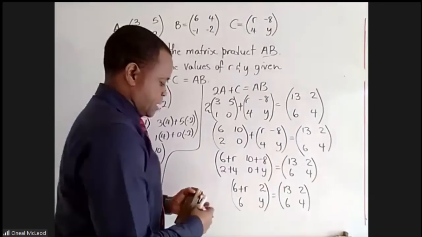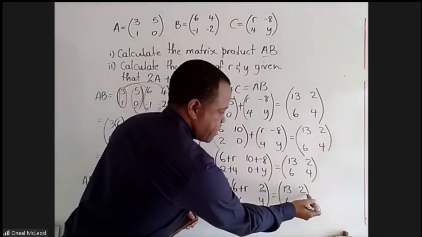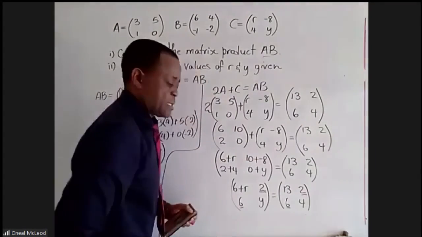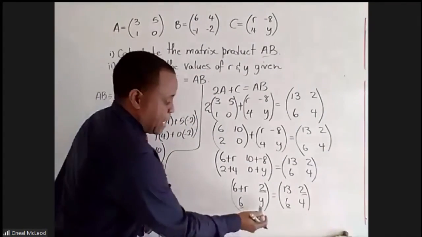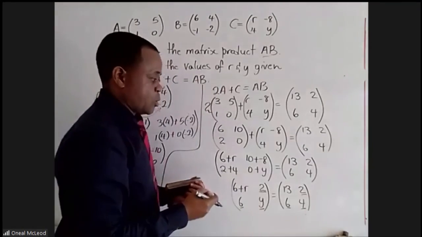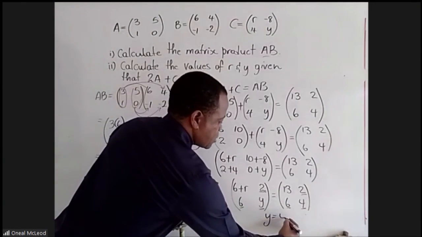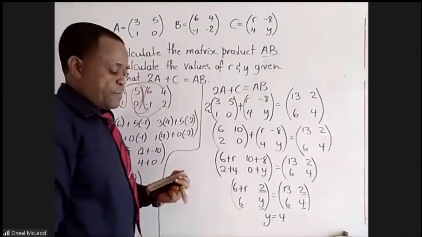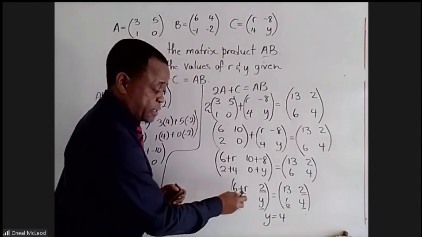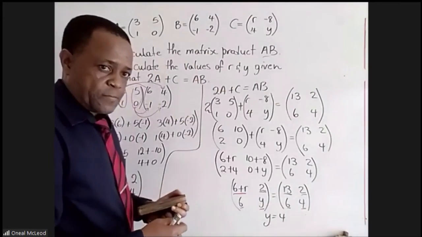All right? Now, notice here, we don't have a problem with 2 because it corresponds to 2. Good? 6 corresponds to 6. Simple. Y would correspond to what? Very good, 4. So we know for sure that Y is equal to 4. But also 6 plus R corresponds to 13.